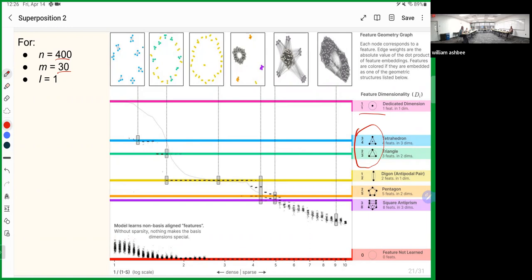I guess the reason for that is that the bigger the polytope, the more nodes it has, and the bigger the interference between those nodes. The more vectors in this polytope, the more they interfere with each other.